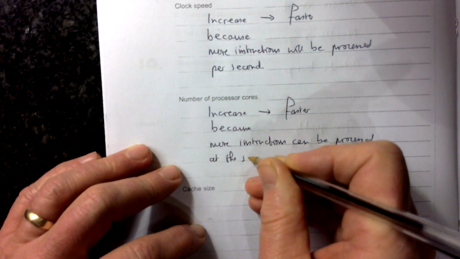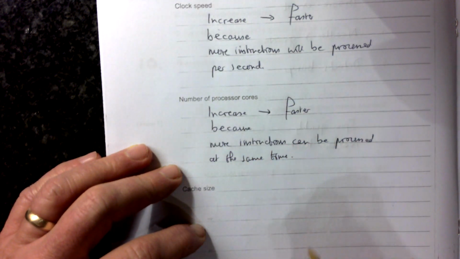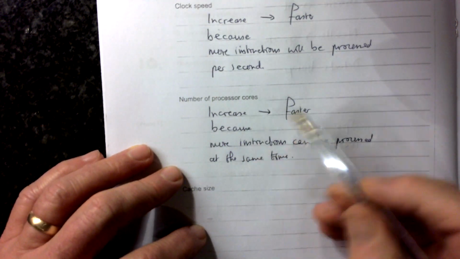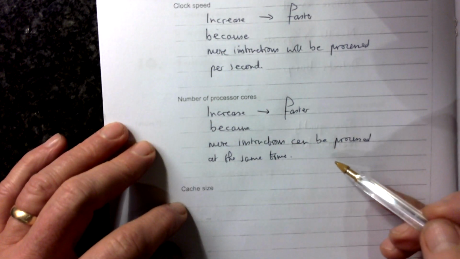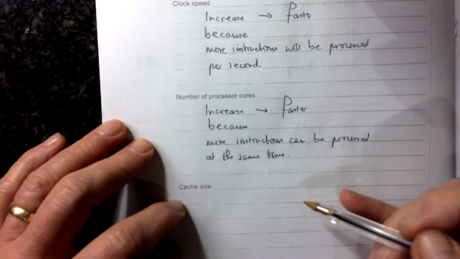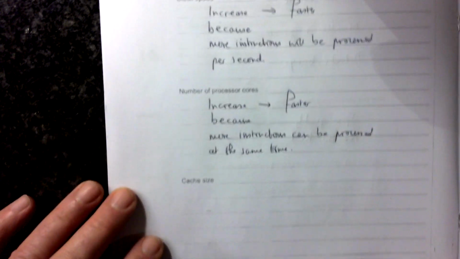So instead of only being able to do one instruction at a time, as you would with a single core, if you've got a quad core, you can load 4 instructions, and all 4 will be being processed at the same time.